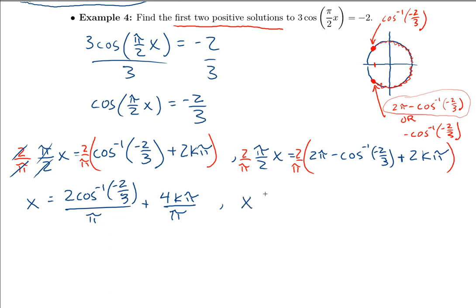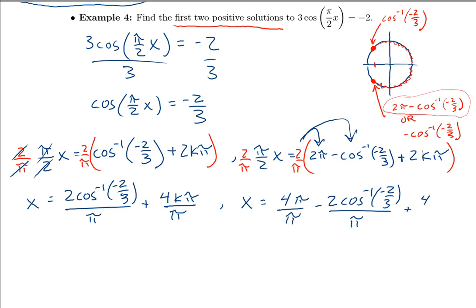And then over here, x is equal to 4 pi over pi when I distribute this to that, and then minus 2 cosine inverse of negative 2/3 over pi, and then plus 4k pi over pi. And then some nice canceling can occur, right? So we can have these pi's going away here, here, and here.